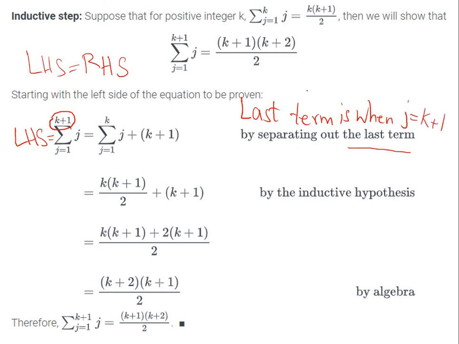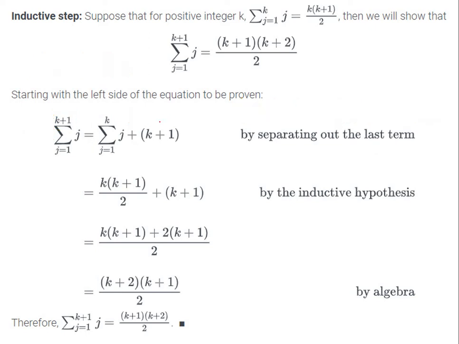You're going to split the sum: you keep the whole sum up to the second last term, j equals k, and then split out the last term of the sequence.